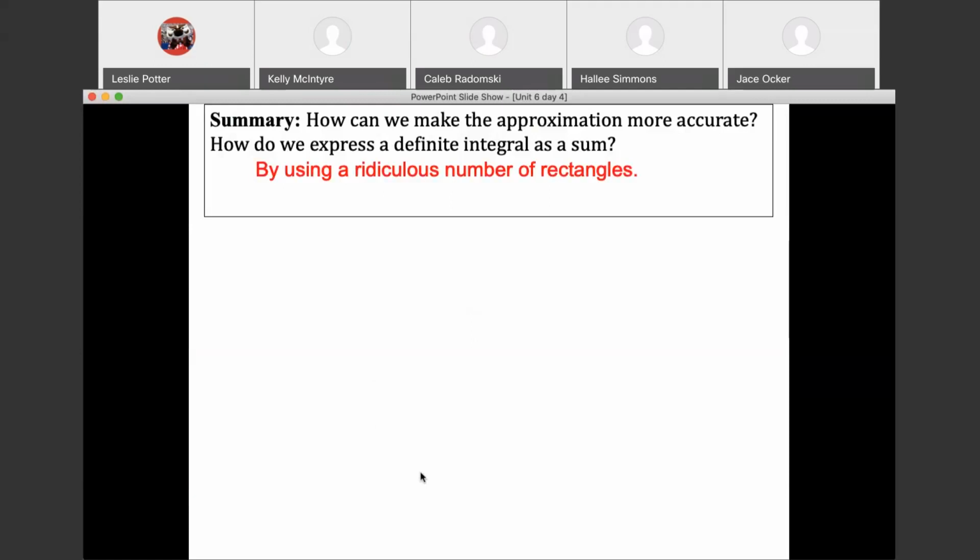I took the non-mathy route when I wrote that, and then I kind of copped out on the second question: how do we express definite integrals as a sum using the summation notation in my notes? I think if you just go back and look at that summation notation, that's a little more meaningful than trying to squeeze something in a little box at the end of your notes. I could be wrong.